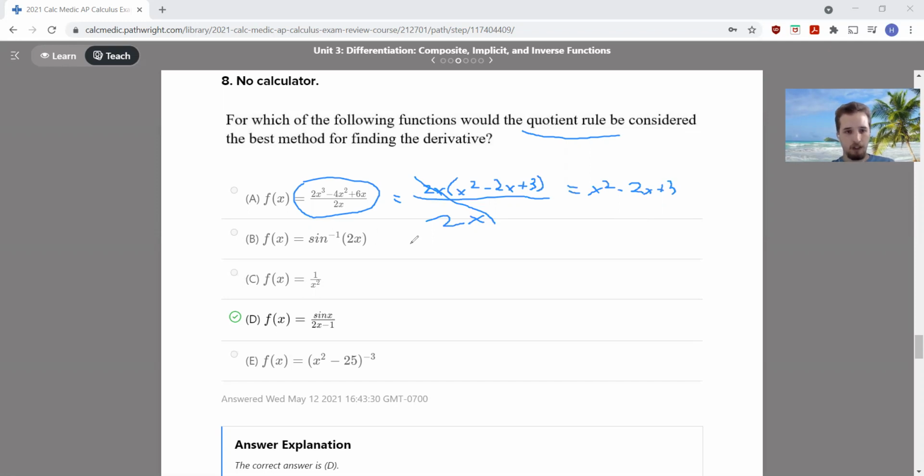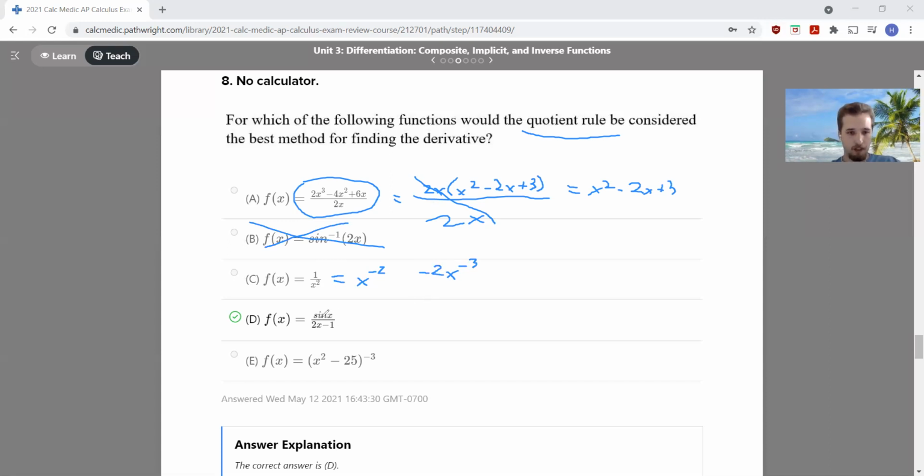So quotient rule does not apply here. 1 over x squared, we could use quotient rule, but this is just equal to x to the -2, and it's pretty easy to just use power rule here, right? So for the derivative, the power is going to be 1 less, so you get -3, and you bring the -2 out to the front. We don't need to worry about doing the long process of quotient rule.